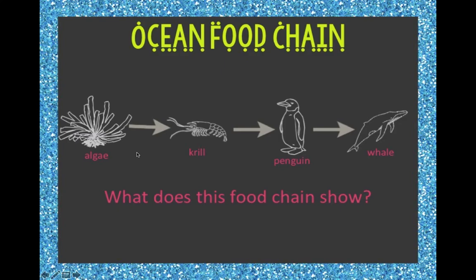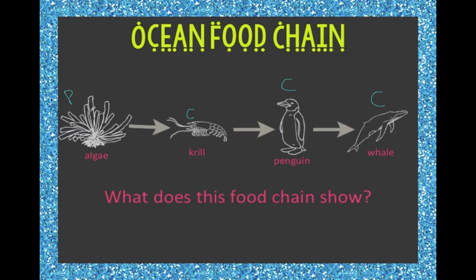So if we think about this, let me get my handy little pen out again. If you think about this, the algae is a producer. The krill is a consumer because it eats the algae. The penguin is also a consumer because it eats the krill. The whale is also a consumer because it eats the penguin.